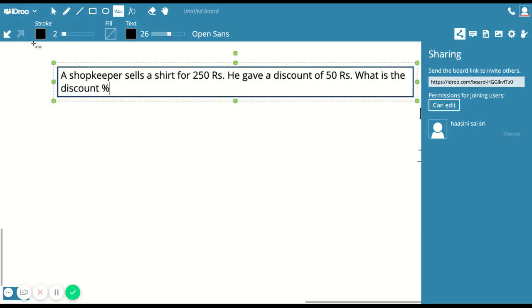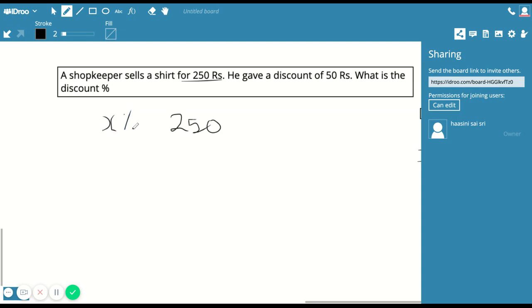what can I do here? So, I'm going to read this question. I know that the total quantity is 250, right? Now, for this 250 rupees, he is giving this as the discount, and discount percentage I don't know. So, I'm taking it as x. X percent of 250 will be equal to 50.